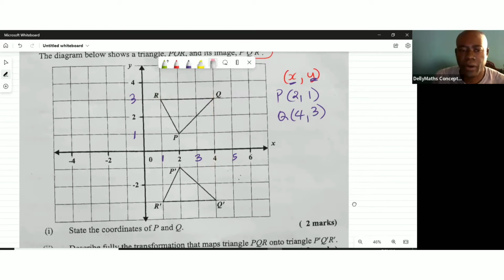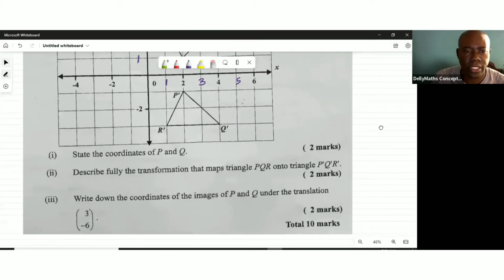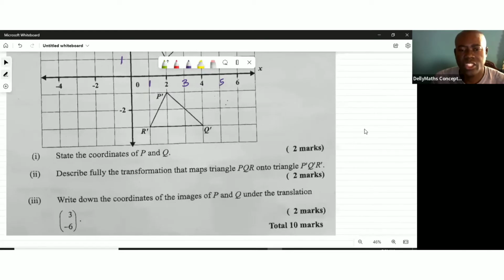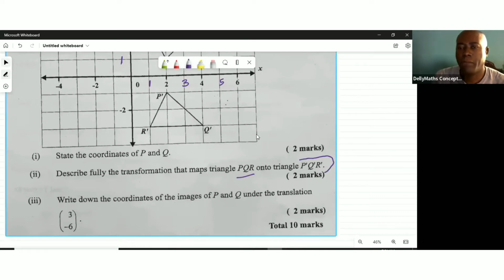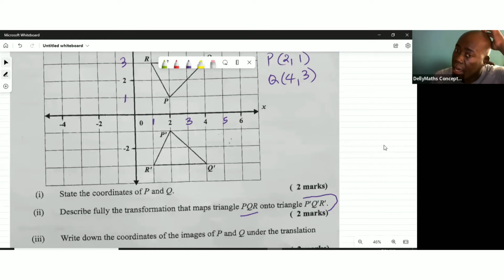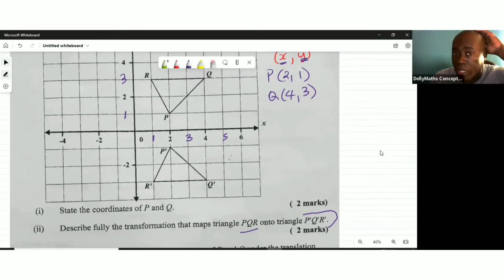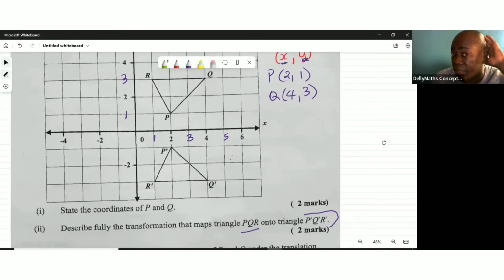All right, so outside of the coordinates, we are supposed to describe fully the transformation that maps triangle PQR onto P prime, Q prime, R prime. Now, there are a few transformations that you want to think about. There's a dilation, or what we call enlargement or reduction, which means that the size would have been changed.